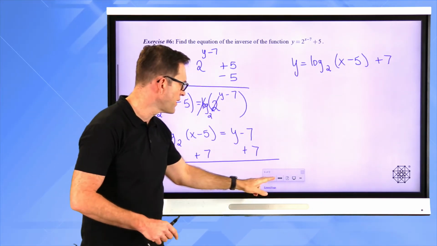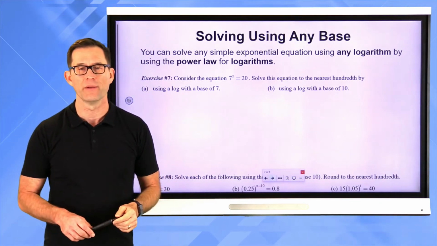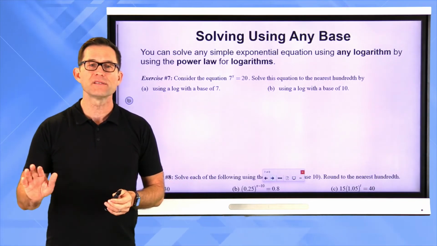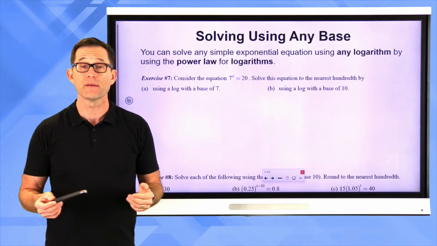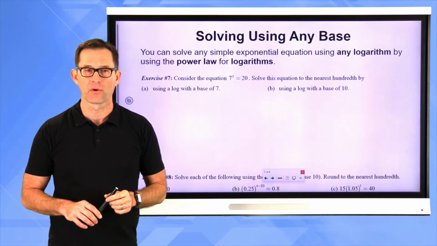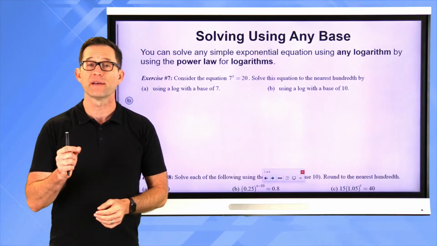Now, there's one more thing that we want to take a look at, and it's almost a historical artifact at this point. Solving using any base. You can solve any simple exponential equation using actually any logarithm by using the power law for logarithms. And we looked at obviously the 3 major logarithm laws in the last few lessons.